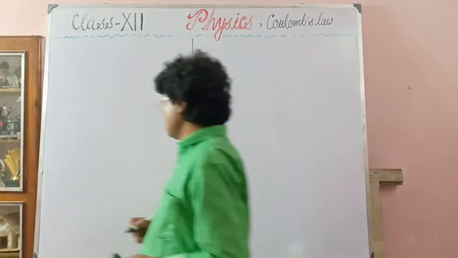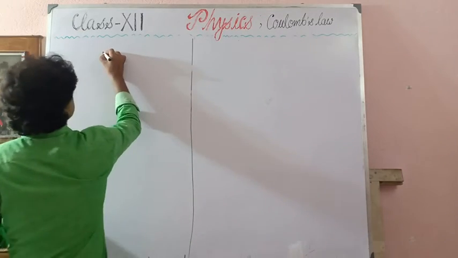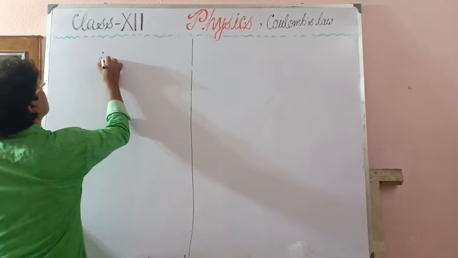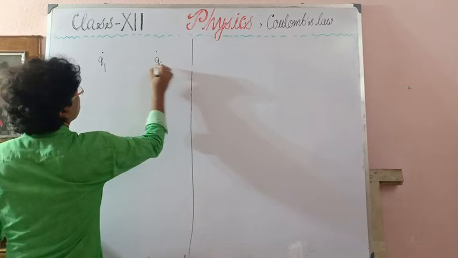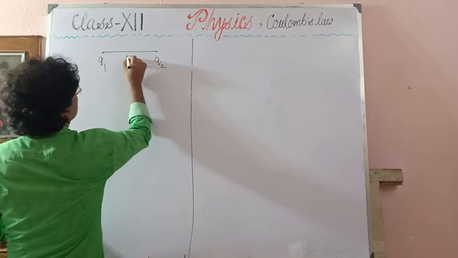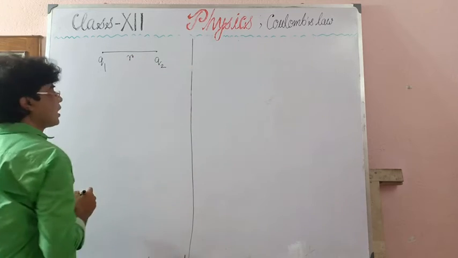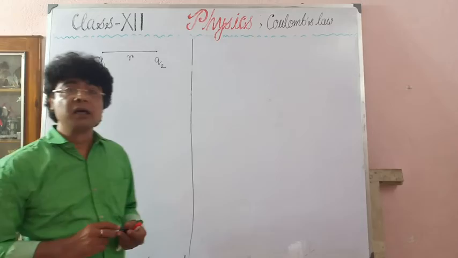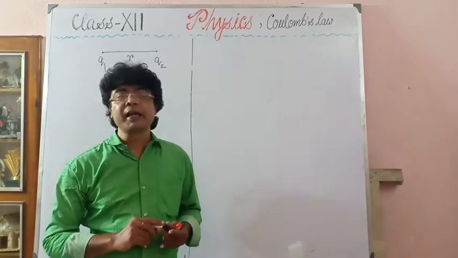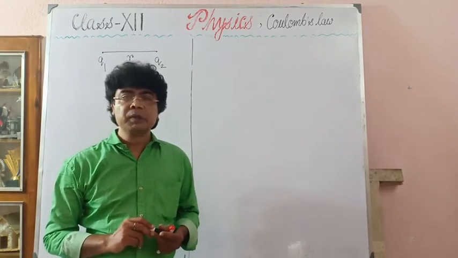Suppose two point charges Q1 and Q2 are separated by a distance r, and F is the electrostatic force between them.